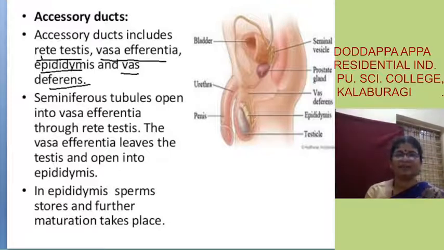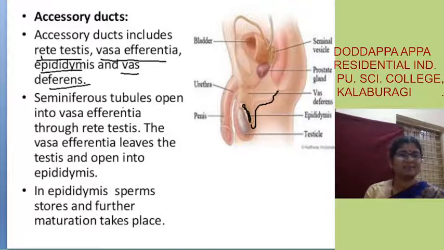In this diagram you can't see the rete testis and vasa efferentia. You will see directly the epididymis on the dorsal side of the testis, and then you will see the vas deferens. So these are the accessory ducts.